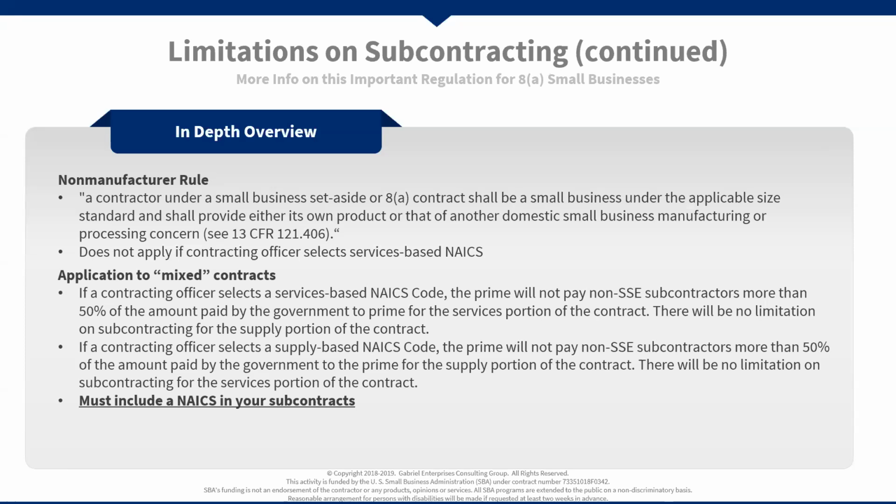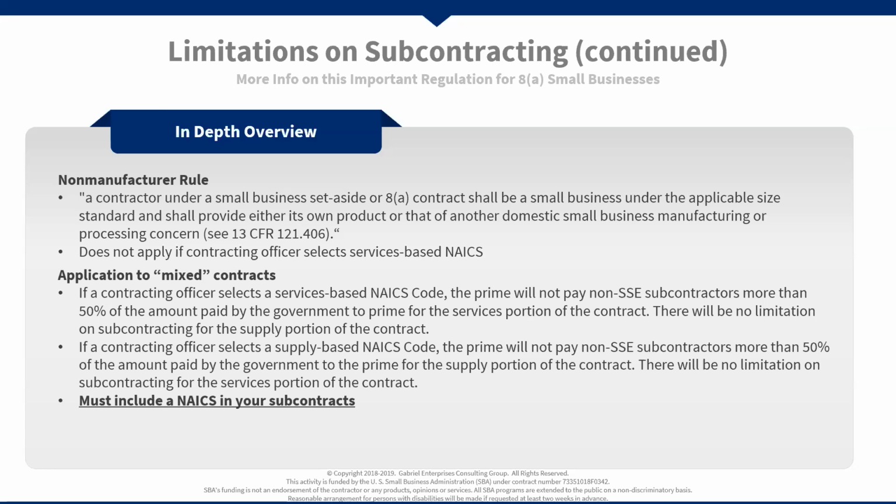If you've seen that term being thrown around, if you're in the supply or manufacturing world, basically the non-manufacturer rule says if you are supplying a good or product, a supply contract to the federal government for a small business or 8(a) set-aside, you have to supply the product of a small business manufacturer that's making the product in the United States. That's the gist of the non-manufacturer rule. It's sort of an alternative version of the limitation on subcontracting for supply contracts.